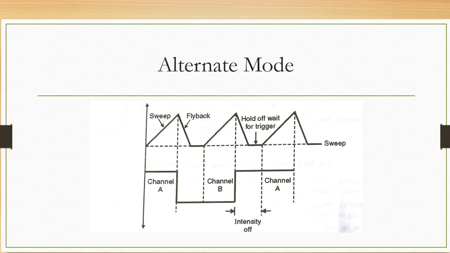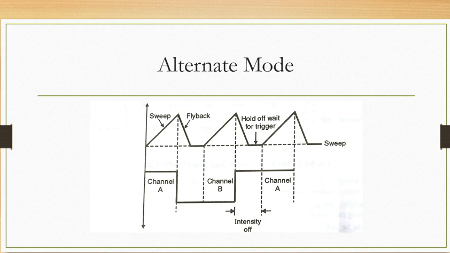As I have discussed earlier, at the starting of a new sweep, channel A is connected over here, and at the starting of the next sweep, channel B is connected, okay. So the switching rate of the switch is synchronized with the sweep rate, okay. That's why you can see that channel A is connected during one sweep, and during the next sweep you can observe channel B connected to the vertical amplifier, okay.